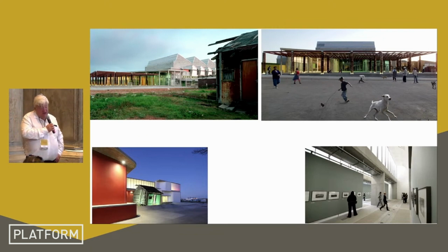It was used as accommodation for the concentration camps where the British herded Boer women and children in the Anglo-Boer War of about 1900. It was then repurposed as housing for African people, black people, as they came to work in the city, work in the factories of Port Elizabeth, and it survived more or less in that form until it was replaced by this building about 15 years ago.